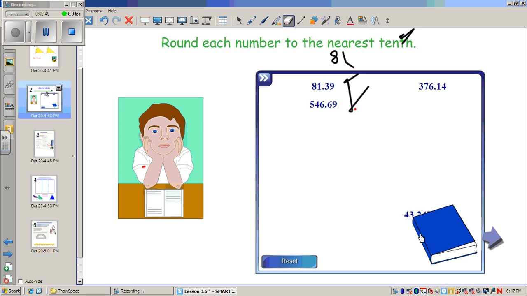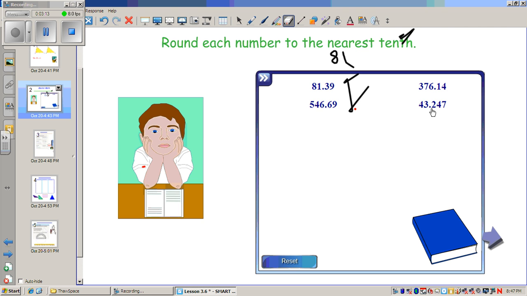All right, moving on, our last one. 43.247, or 43 and 247 thousandths. Again, the 7 doesn't mean anything over here in the thousandths because I'm rounding to the tenths place. So I look at my 4. It is less than 5. So I'm going to leave it as 43.2.